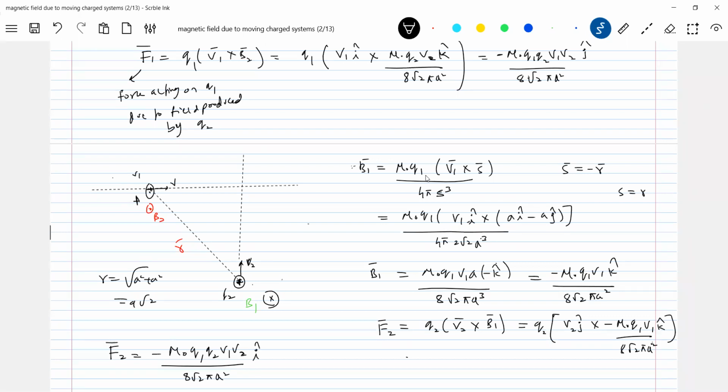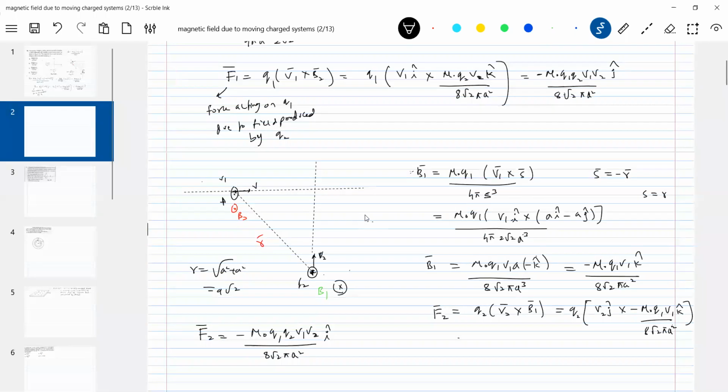They're not equal, no? How come? Something wrong is there? So how will F2 act along negative x-axis? How is F1 acting? The J cap, you see this?